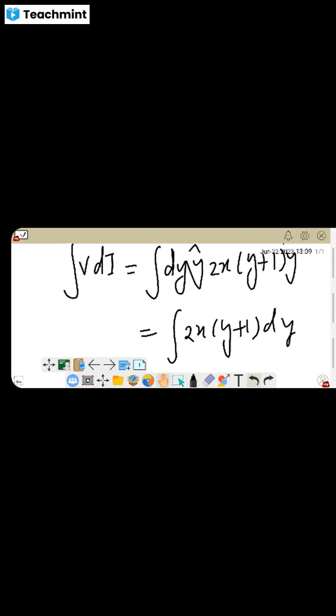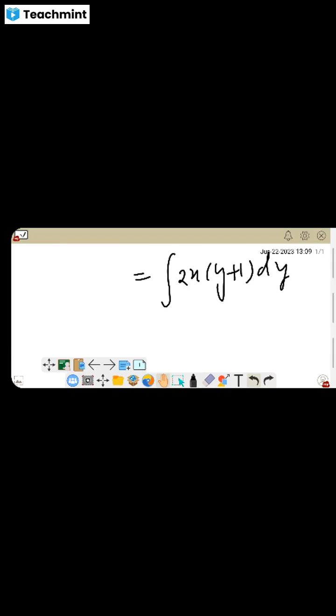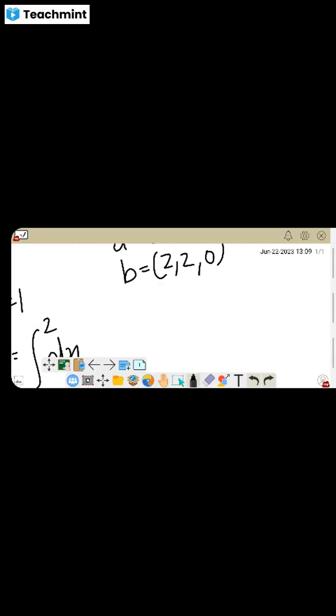Now the position is changed, so we are integrating with respect to y. So just put the value of x. This is the second position, so x is equal to 2.